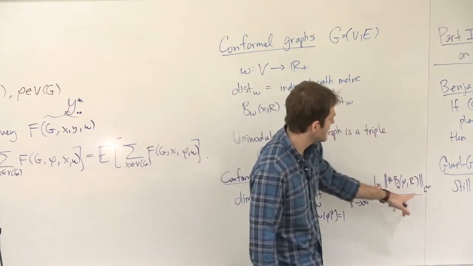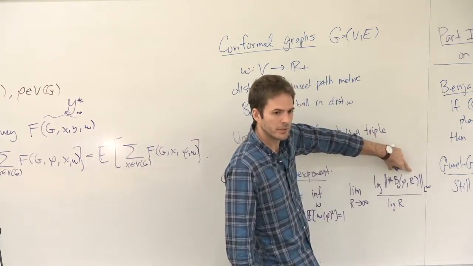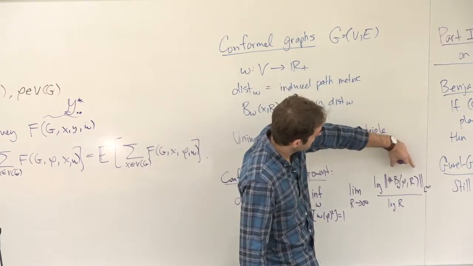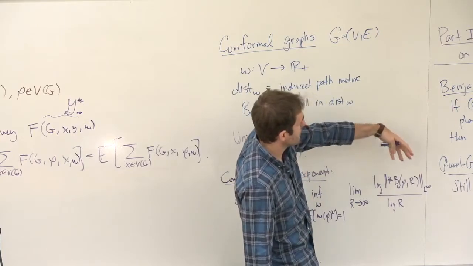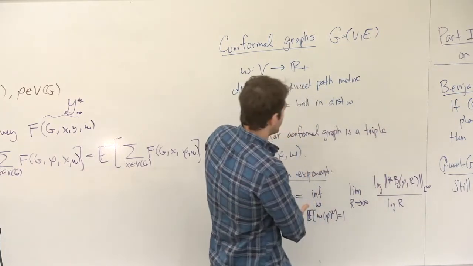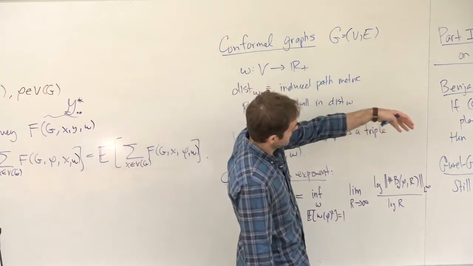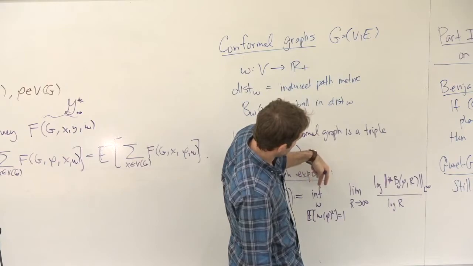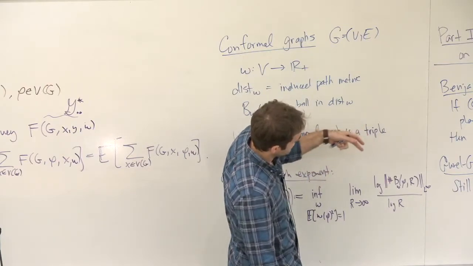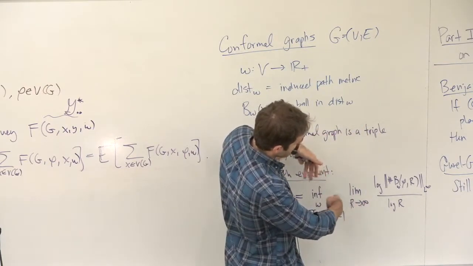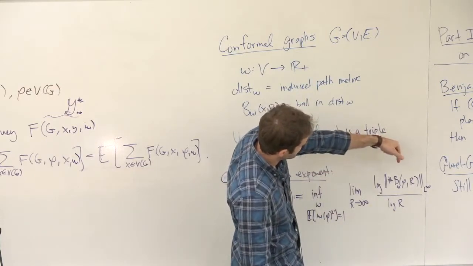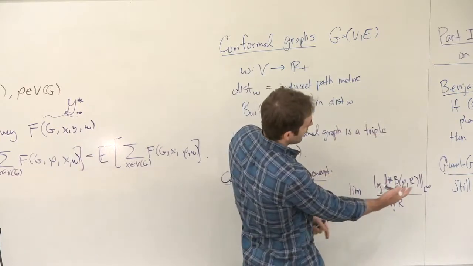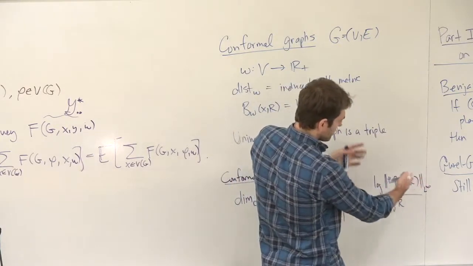This L infinity norm here is the essential supremum of this random variable. So if I have a bound on this quantity, then it means that with probability 1, if this quantity is at most d, the ball of radius r around the root in the infimizing metric, or okay, you might have to approach it if there's not a unique optimum, has with probability 1 at most r to the d points.